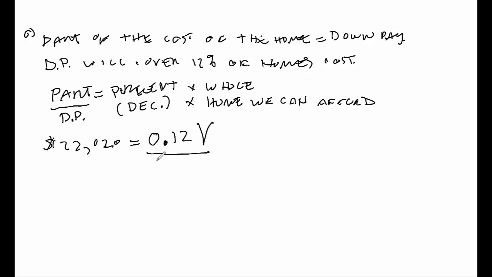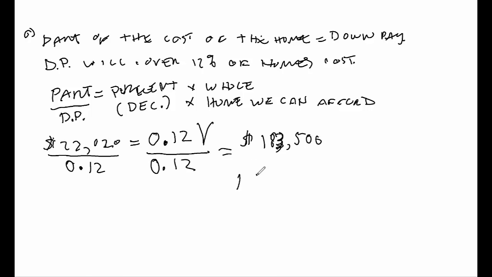So we just do some algebra and divide by 0.12, and we find that the home that we can afford is $183,500.